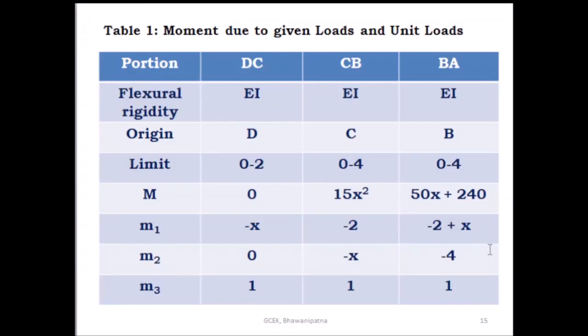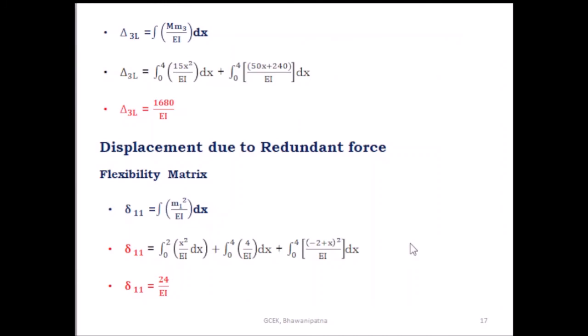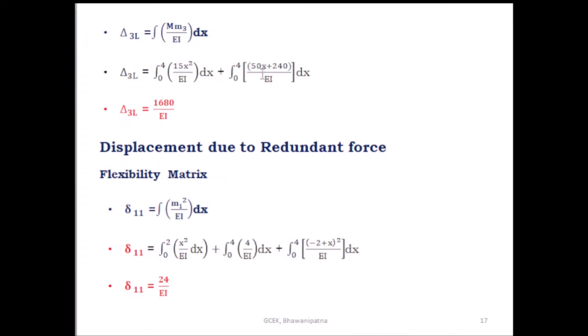Similarly, this is 15x plus 240 into 1, 15x plus 240 by EI into dx and 0 to 4. Then after simplification of this expression, you will get delta 3L is equal to 1680 by EI.